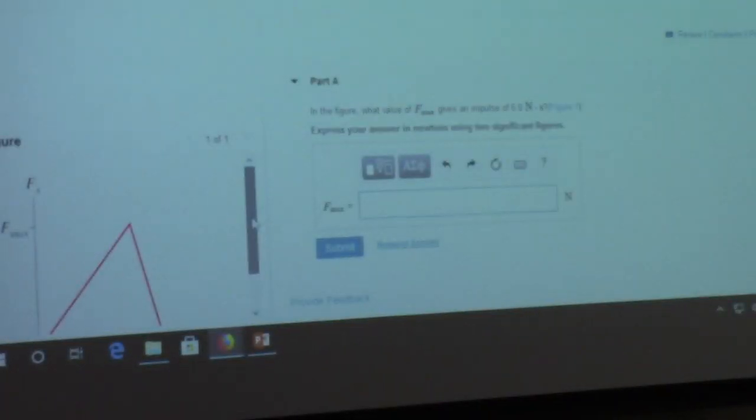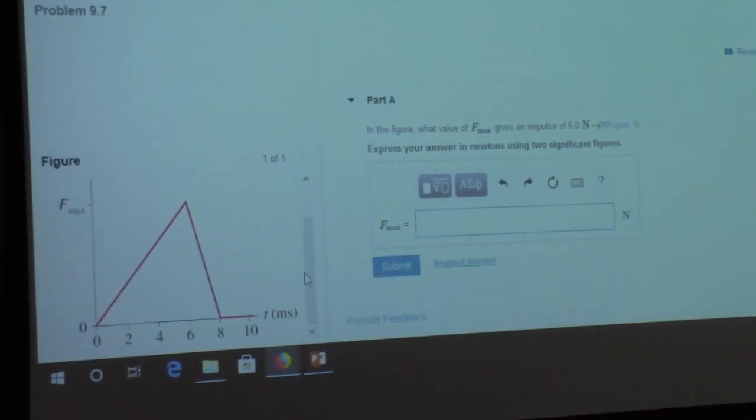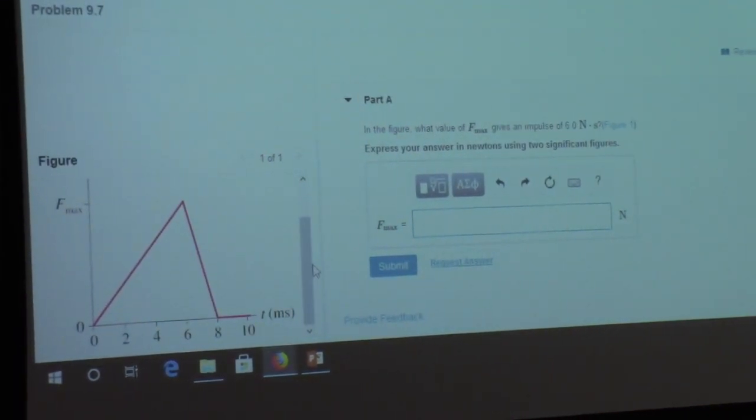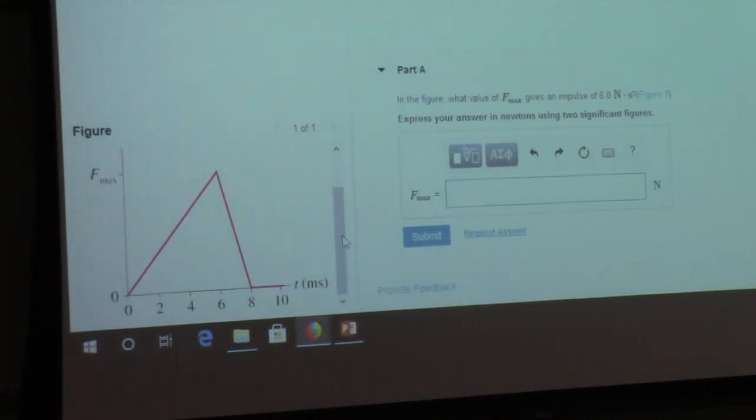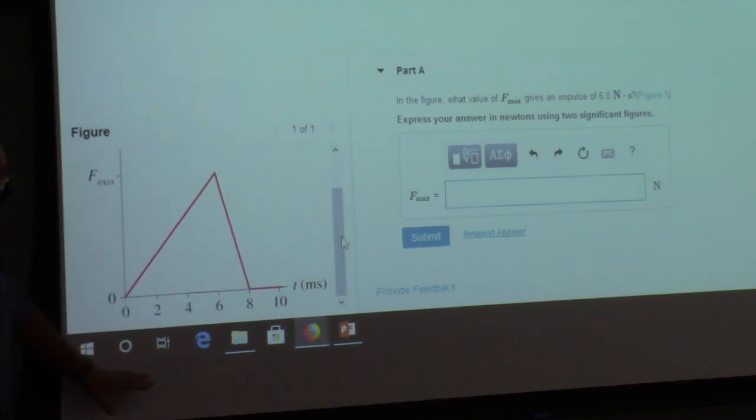Is it this one? Impulse is newtons times time, right? That's good. Now be careful with this because it's not a constant force. Let me read it for everybody. Here's the picture. This is force versus time.